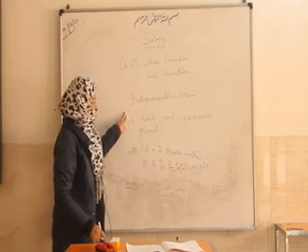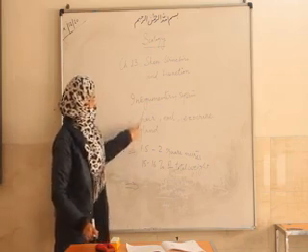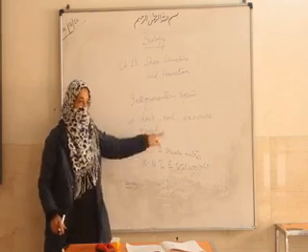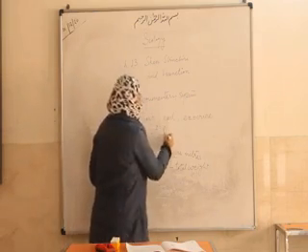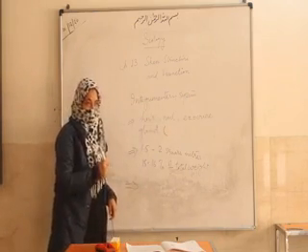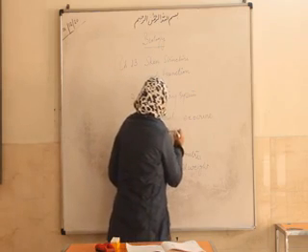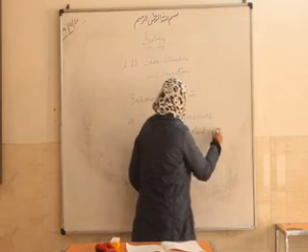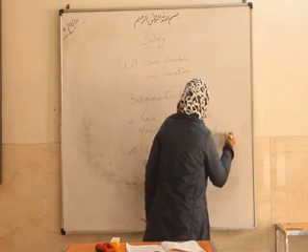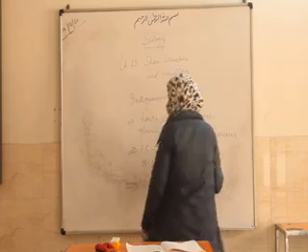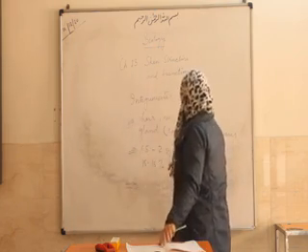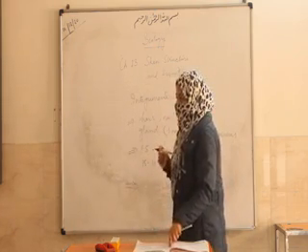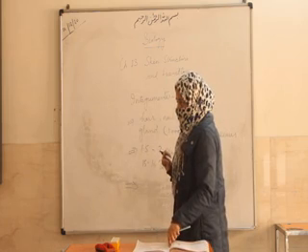So it's an integumentary system. What does it include? Hair, nail, and exocrine gland. What are the exocrine glands here? Sweat gland, sebaceous gland, and mammary gland.